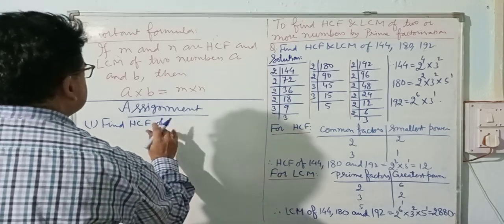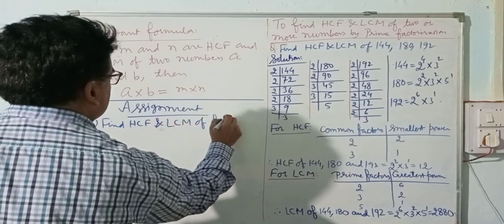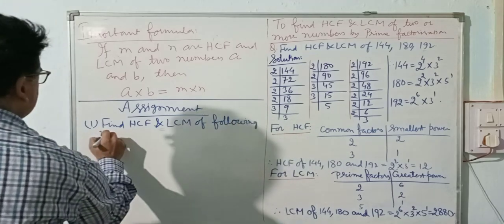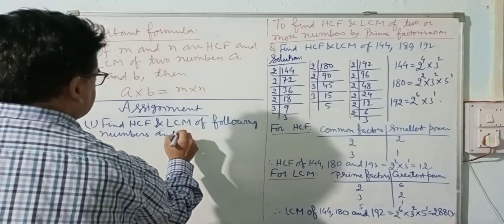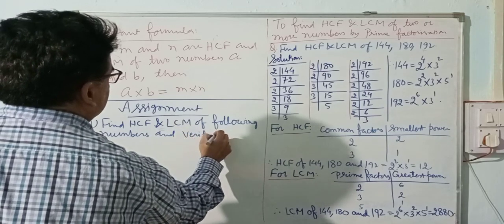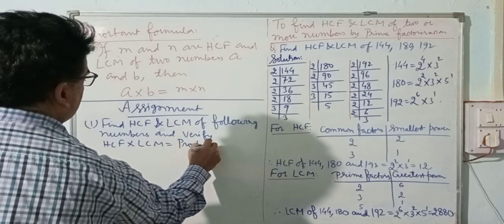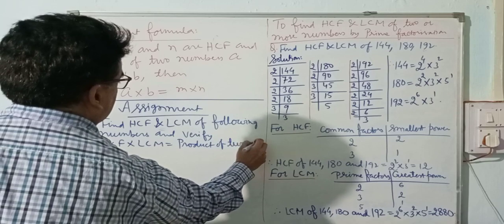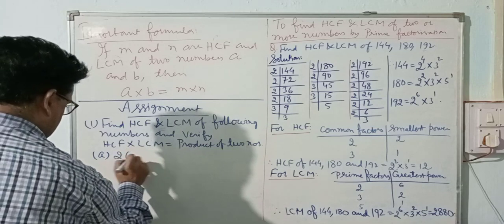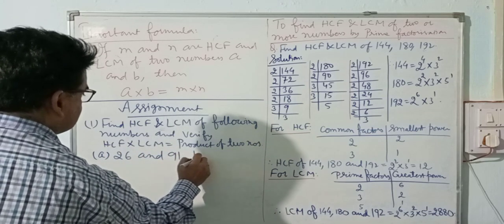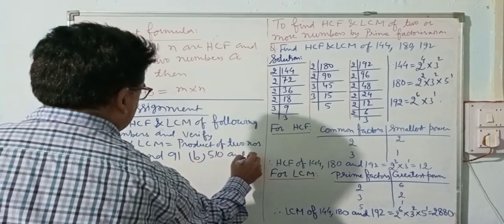Find the HCF and LCM of the following numbers and verify that HCF into LCM is equal to the product of the two numbers. A is 26 and 91. B is 510 and 92.